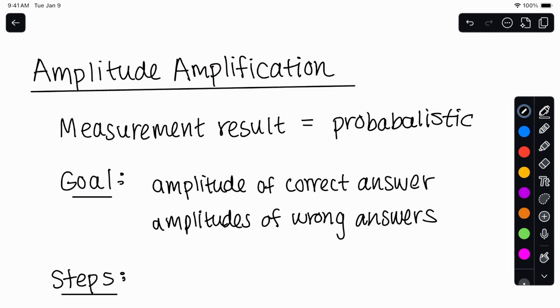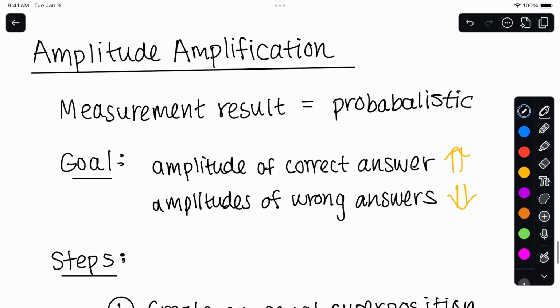You instead get some distribution of probability amplitudes. And what you really want is the amplitude of the correct answer to be as big as possible, and the amplitudes of the wrong answers to be as small as possible. So this way, hopefully, if you do a few measurements, you should have a pretty good sense of what the right answer is. So let's talk about the steps of amplitude amplification.